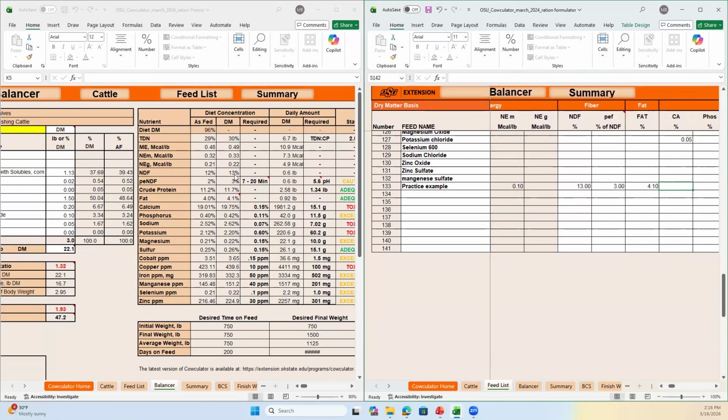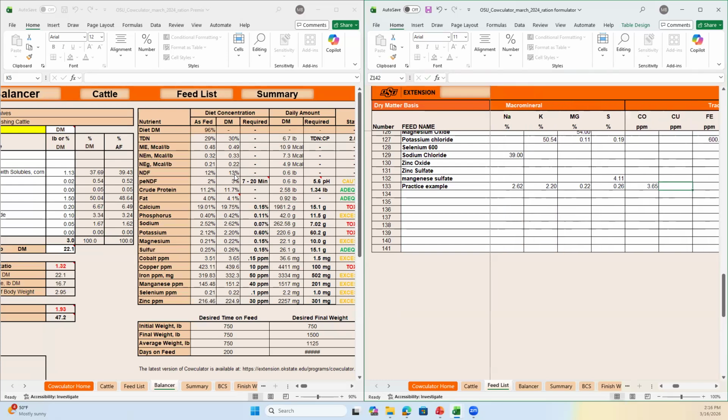Fat is 4.1. Calcium is 19.75. Phosphorus 0.42. Sodium is 2.62. Potassium is 2.2. Magnesium is 0.22.